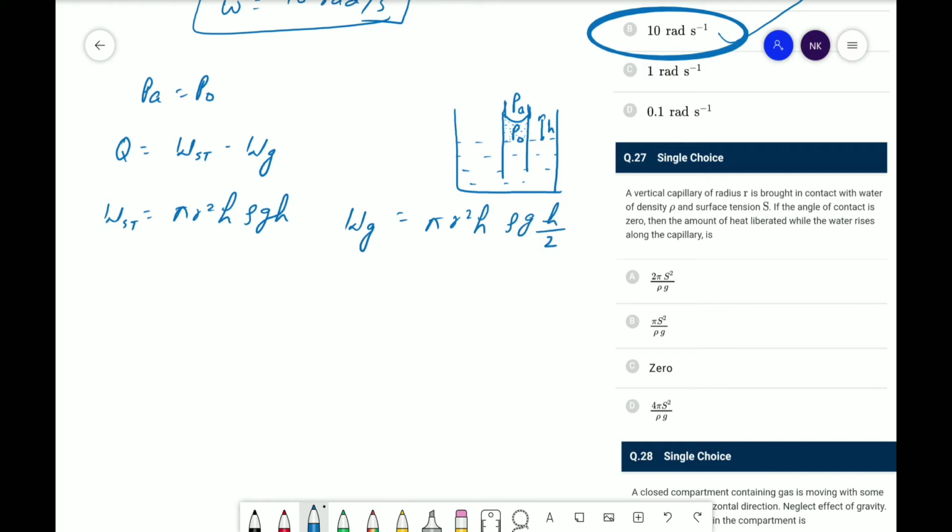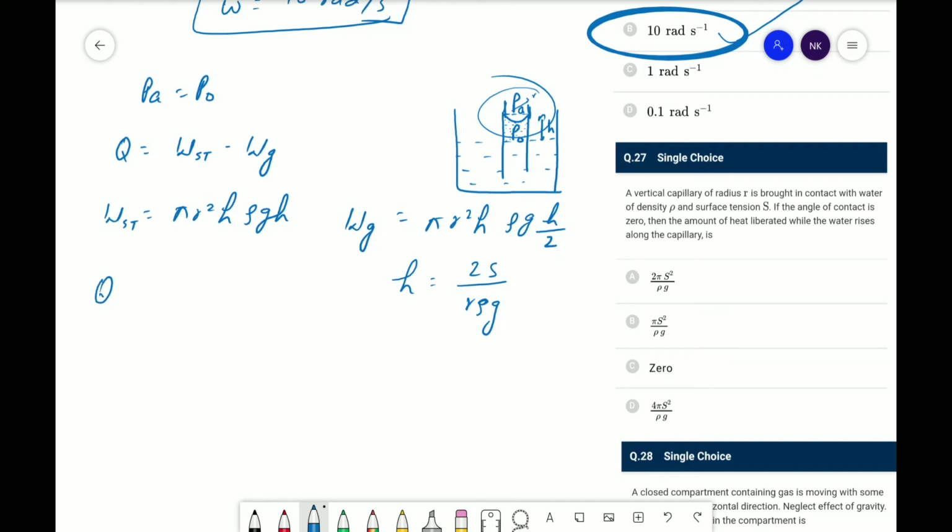The value of H in the form of surface tension you can calculate with the help of this figure. So H is 2s upon R rho g, taking these formulas.